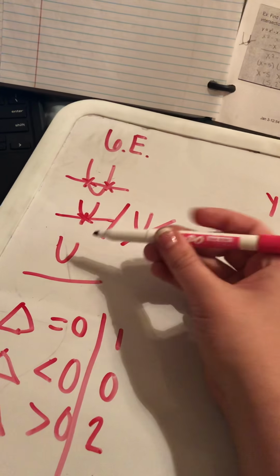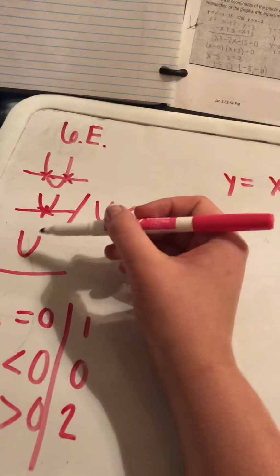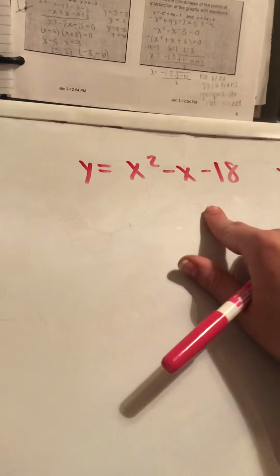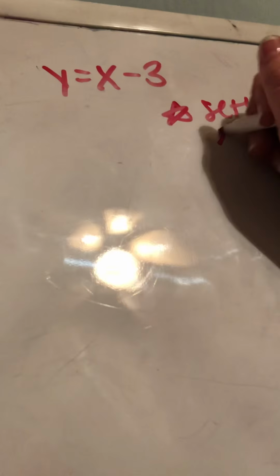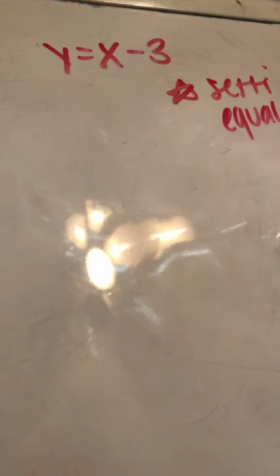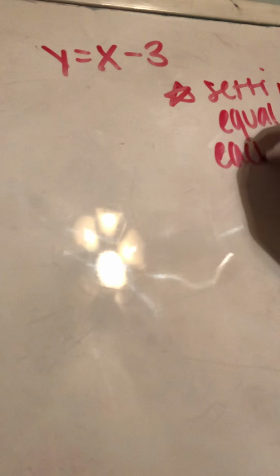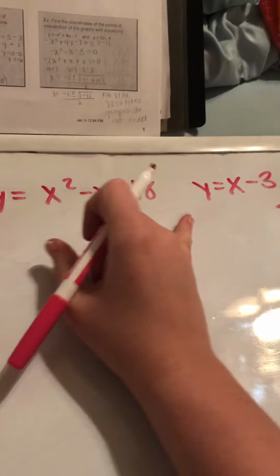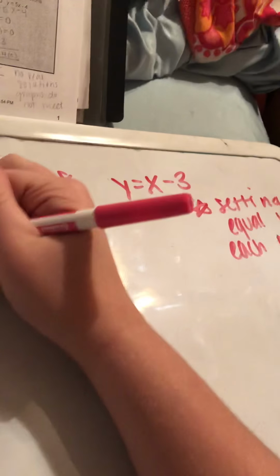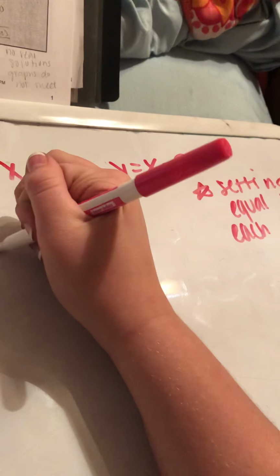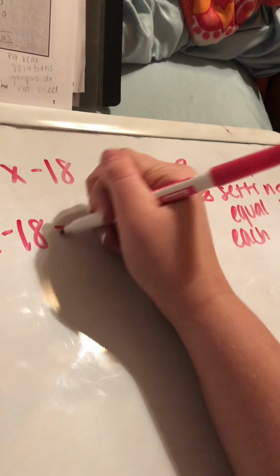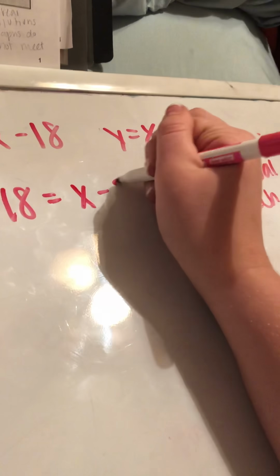But if it's no solution, you can know that it's missing. Okay, so you're gonna solve this by setting them equal to each other. So you want to set the 2 equations equal to each other. So you're going to have x squared minus x minus 18 equals x minus 3.